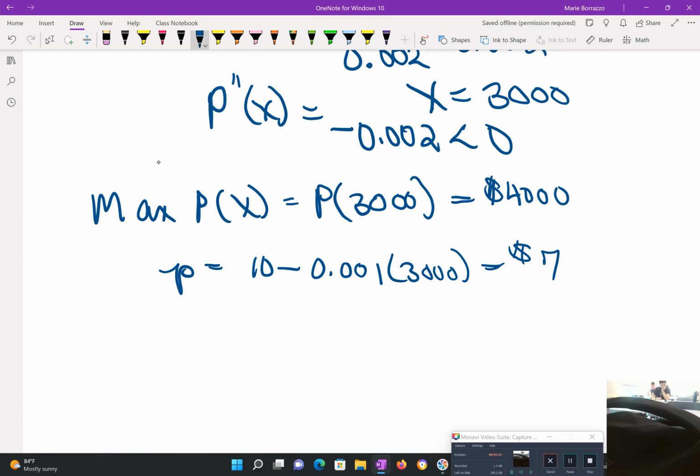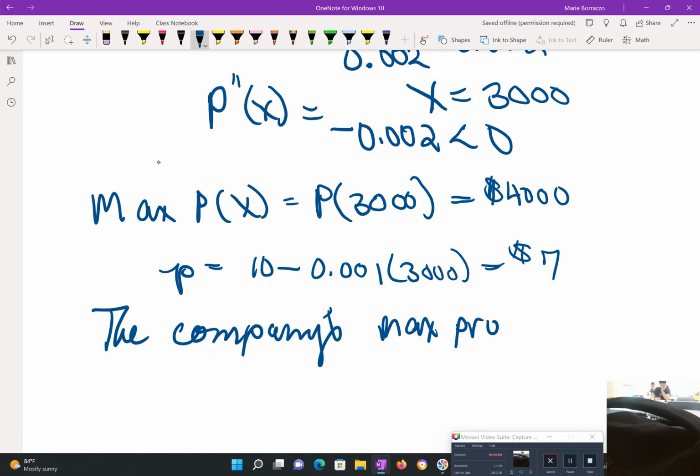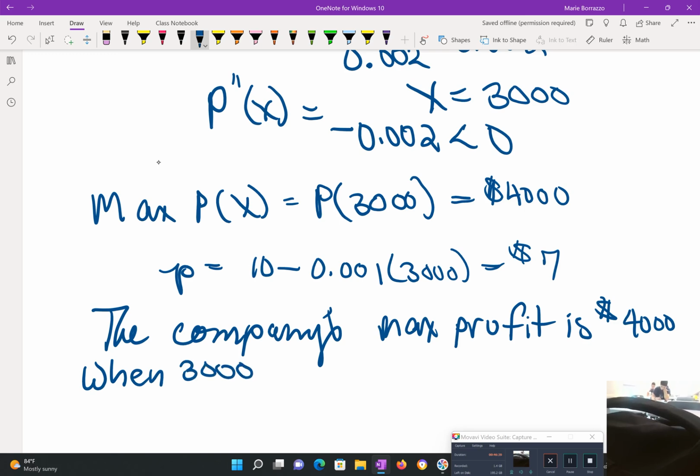So, just to conclude the statement, the company's max profit is $4,000 when 3,000 of the pens are produced. I'm going to call them markers, which is what they call them.